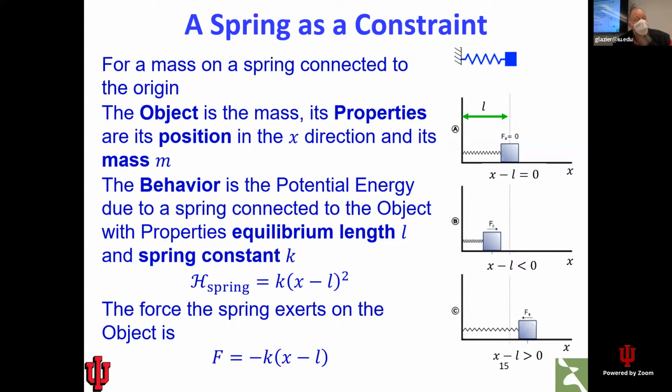But the key thing here is that last equation on this slide, that the force is proportional to the, here I've used K because physicists use K for spring constants. In our world, it would be lambda times the value, in this case, the length of the spring minus its target. So when I pull on a spring or a rubber band, the restoring force increases linearly as I stretch the spring.